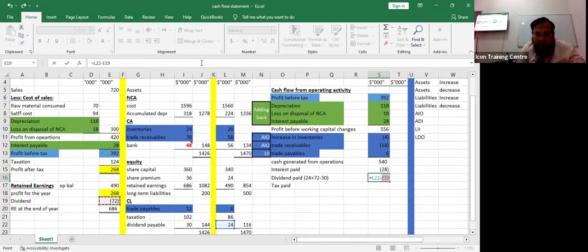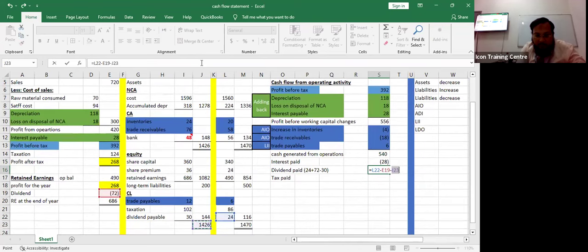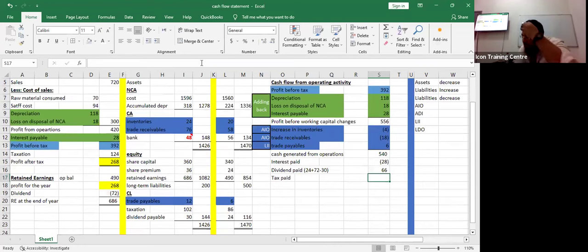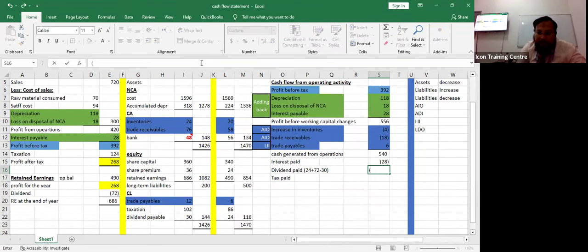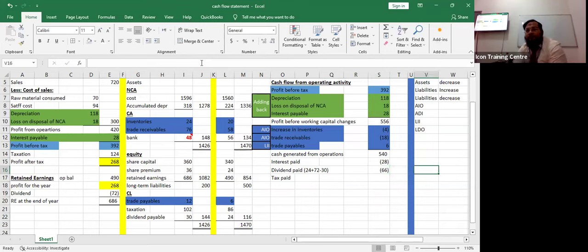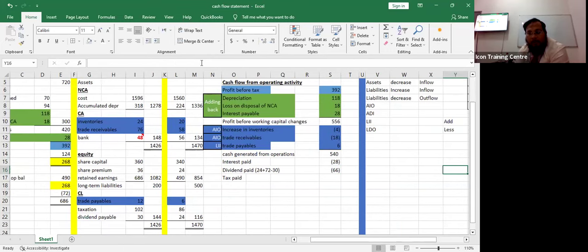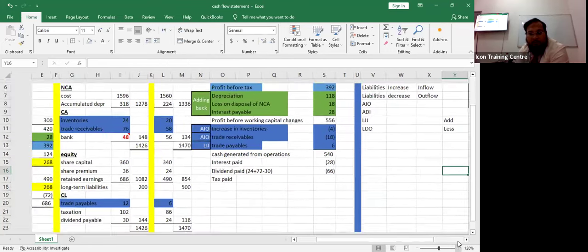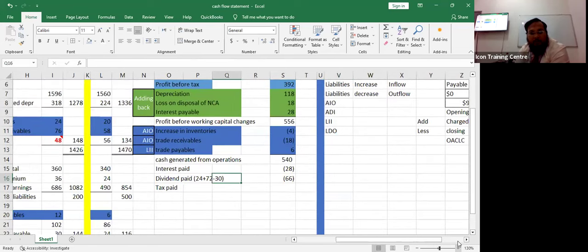And minus 30. So that gives you 66 outflow. Bracket 66. Right, sir? OAC, LC, OAC, LC. AIO, AIO, LII, LII. A lot of concepts to remember.